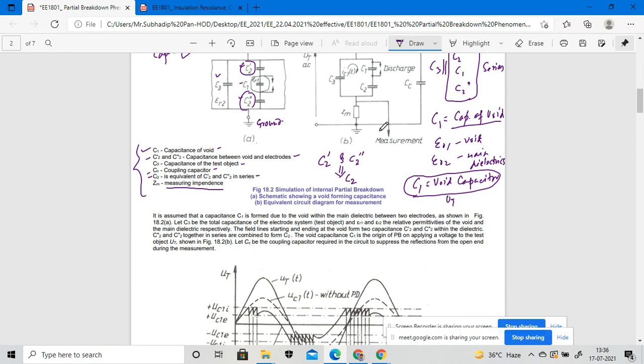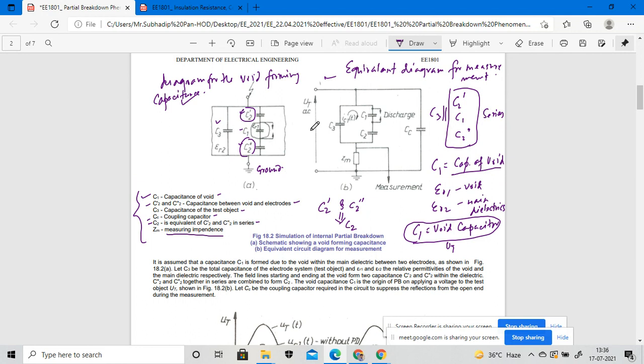Here we have to take into consideration the equivalent circuit of this. If I draw the equivalent circuit, we put one terminal having a voltage UT, which is taken as AC. Now we put the test object C3 here, and the void capacitor C1, and this C2.